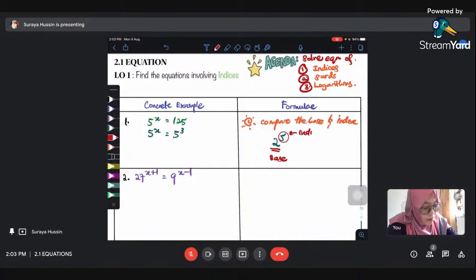So we are trying to compare the base and index dengan syarat base kamu mesti sama. Okay, dengan syarat base mesti sama. Base wajib lah saya tulis. Kamu buat nota ya. Base wajib sama baru boleh compare.